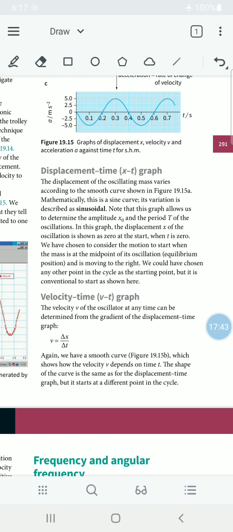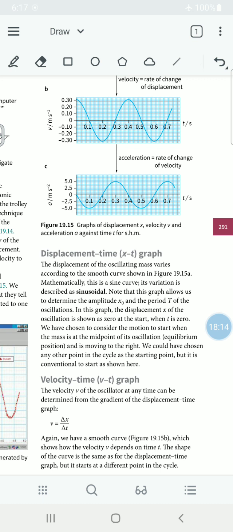V equals delta x divided by delta t. This will also have a smooth sinusoidal curve.